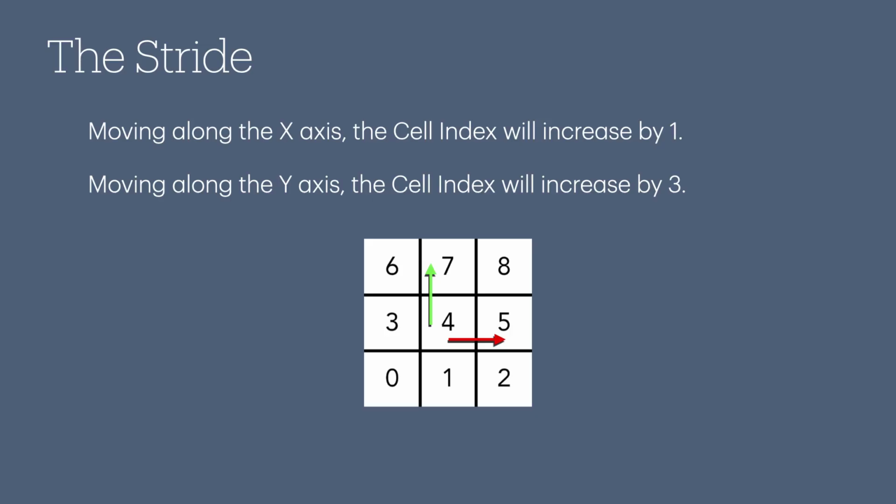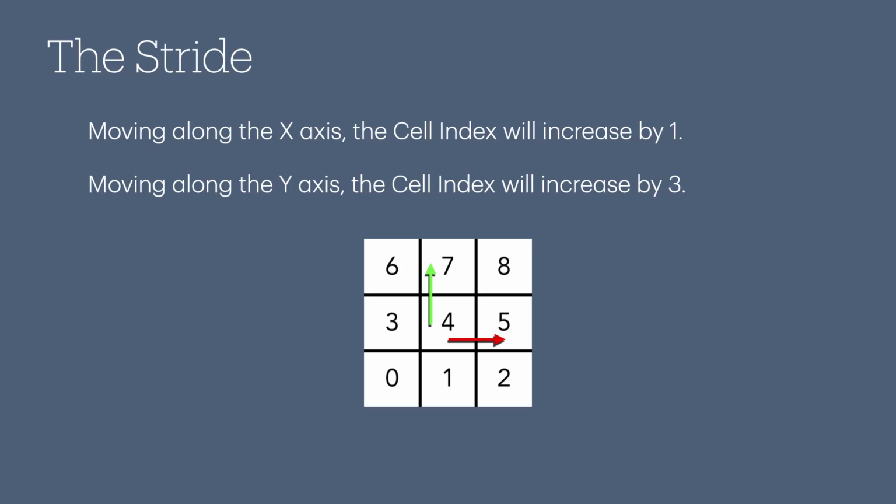But that increase by 1 in the y direction represents a larger increase in the cell index. If we move from any cell up by a single position, then we have increased the index by 3 in this example. 3 is the width or size of the grid in the x direction. That's how we can see that the stride for the y direction is 3.